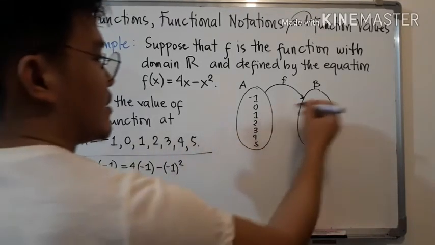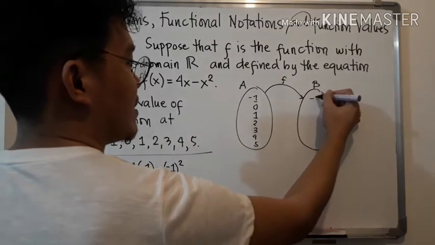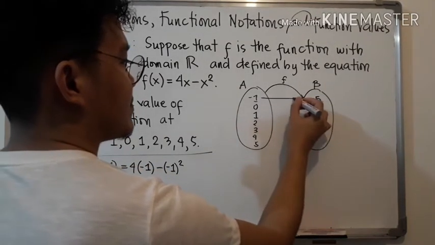Okay, therefore, negative 1 is paired with negative 5.